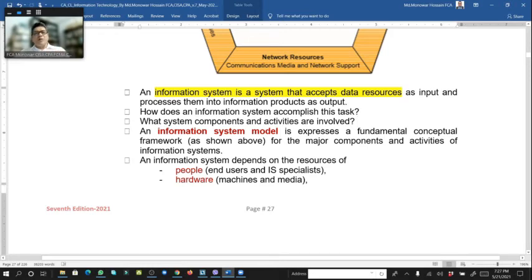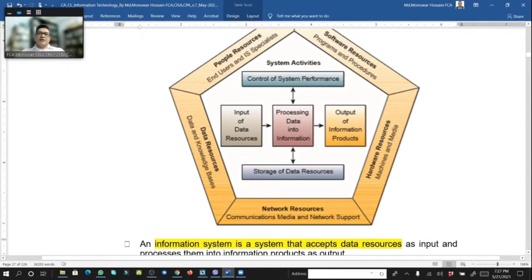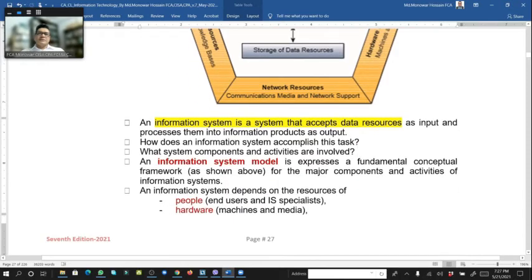What system components or activities are involved? We can say that an information system model expresses a fundamental conceptual framework, this one, for the major components and activities of the information system.